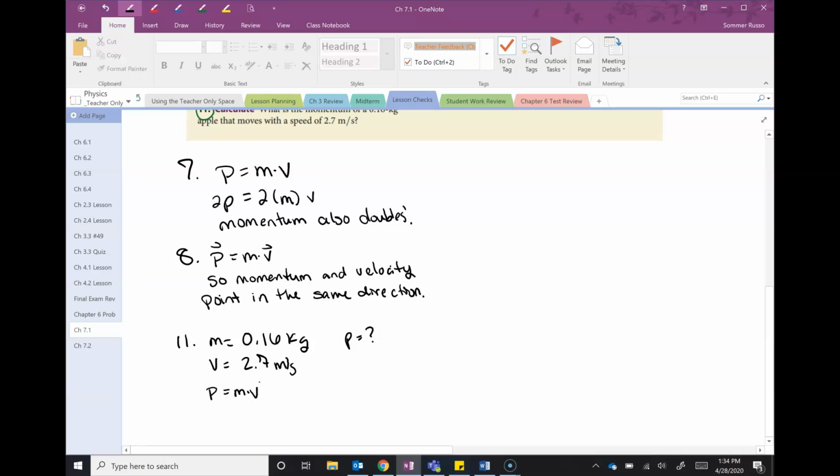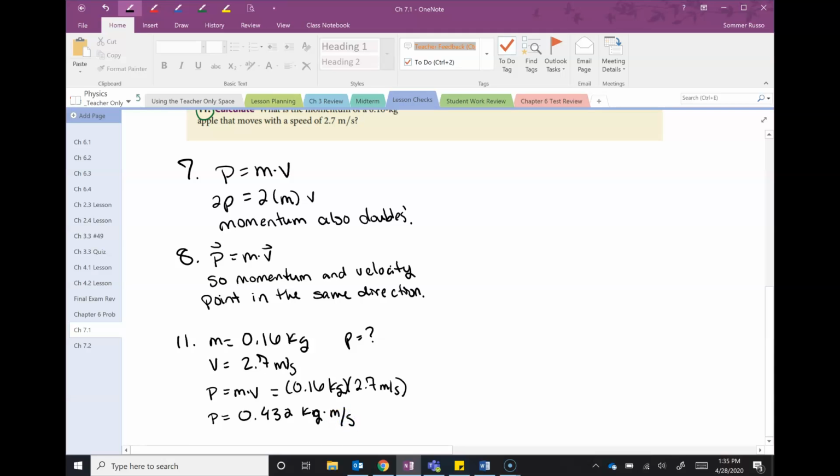Looking again at the equation we saw before, momentum is equal to mass times velocity. Everything is in base units. We have kilograms and meters per second. Our equation is solved for the variable that we want. We can go ahead and plug and chug into our equation. So 0.16 kilograms times 2.7 meters per second. We do get a momentum of 0.432, and we're going to use the units we used here.